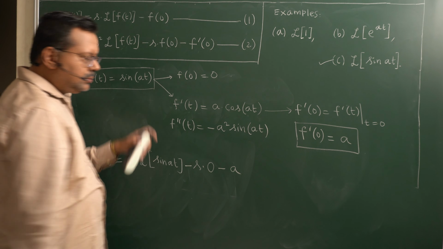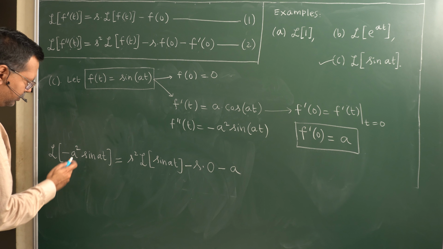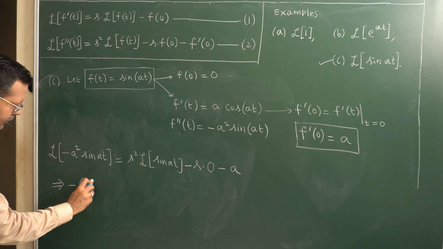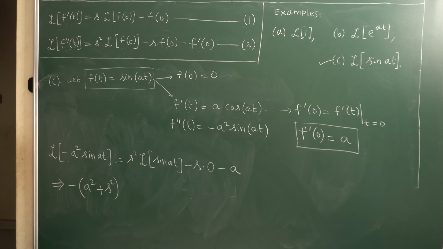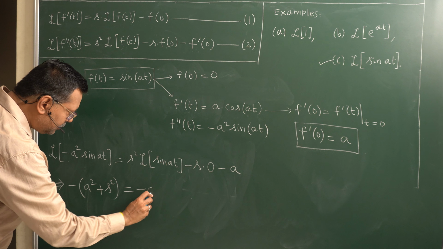So that's all about it. So you can take this sin at here and this sin at here, that is constant. So I can write down that this gives you minus is common, a square, this will come to the left side, and that is equal to, you get a minus a on the right side.